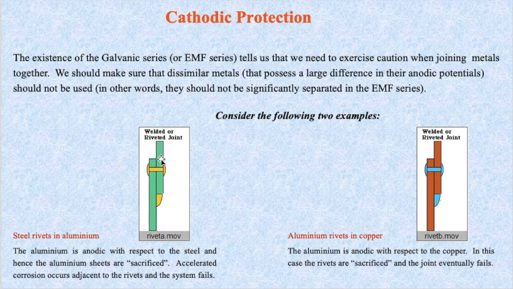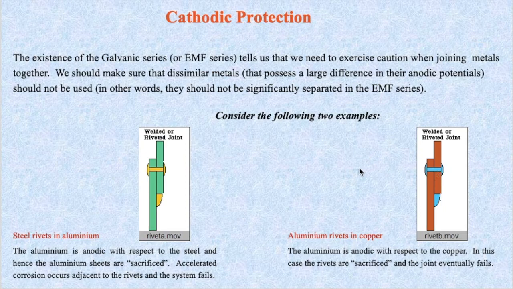In that, if your sheets of metal are more anodic compared to the rivet that you are joining with, that means the anodic sheets of metal that you're joining are going to corrode, because now they come into contact with another metal with a different potential.